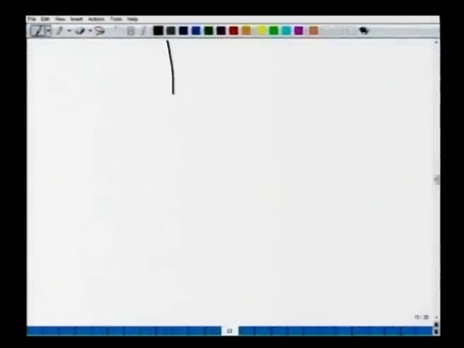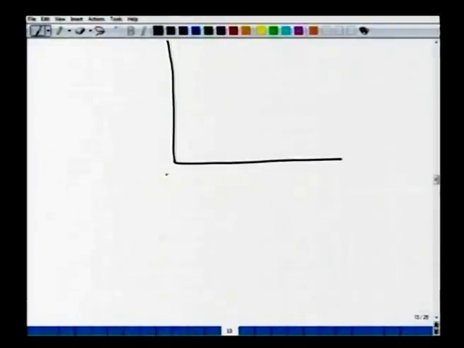Let's just plot here the 3 stages' compositions. So we have A, let's say this is B, 0, 1.0, this is 0.3. We have this equilibrium curve like this.